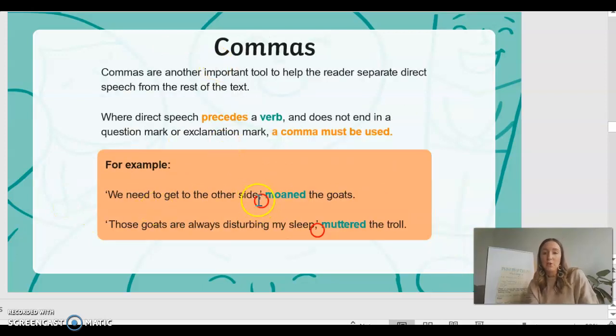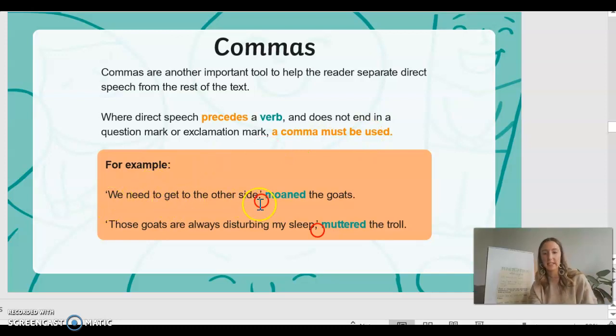Sometimes we need to use a comma if we are adding information about how they've said it. So commas are another important tool to help the reader separate direct speech from the rest of the text. Where the direct speech goes before the verb, you can see the verb is in green here, and does not end in a question mark or exclamation mark, we use a comma.